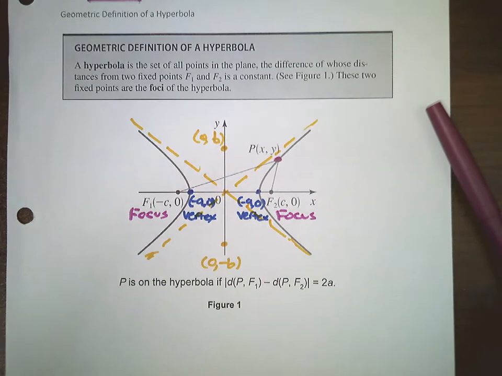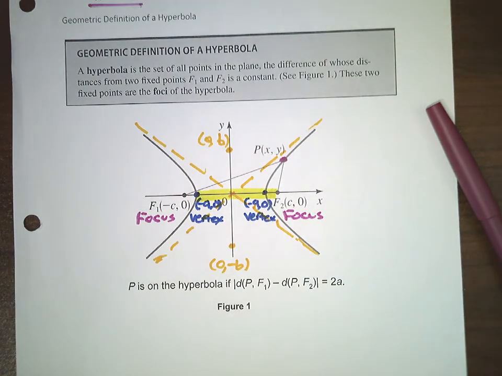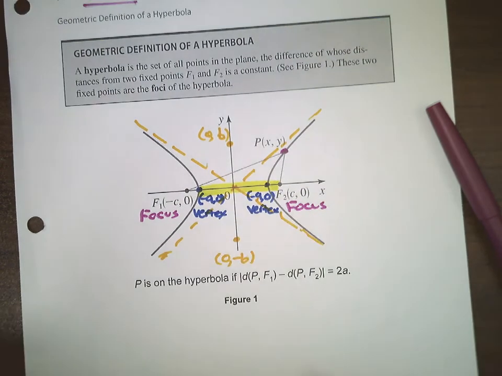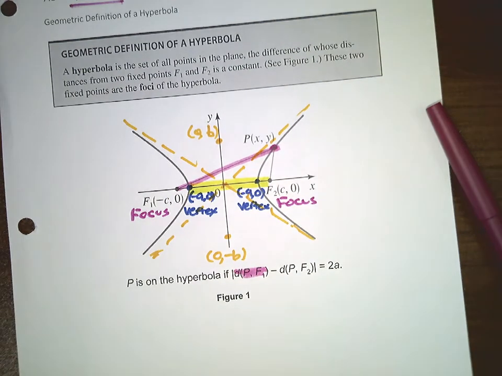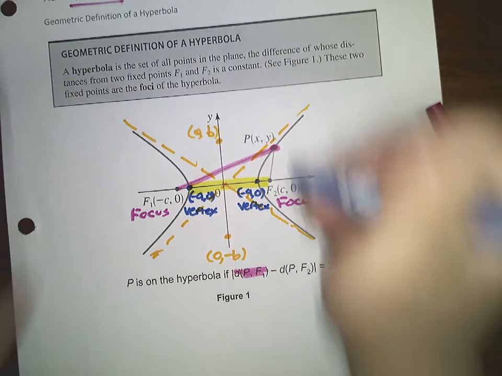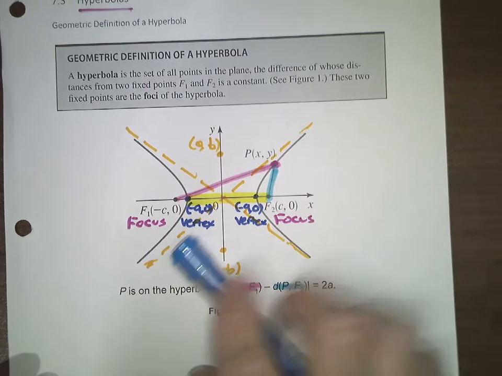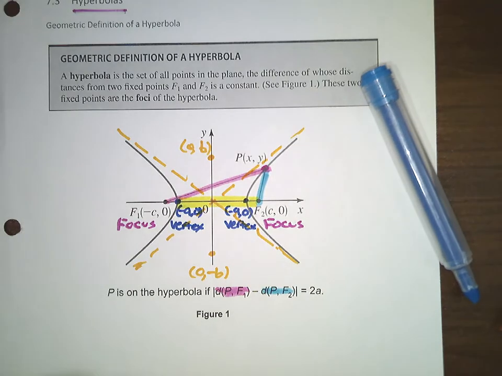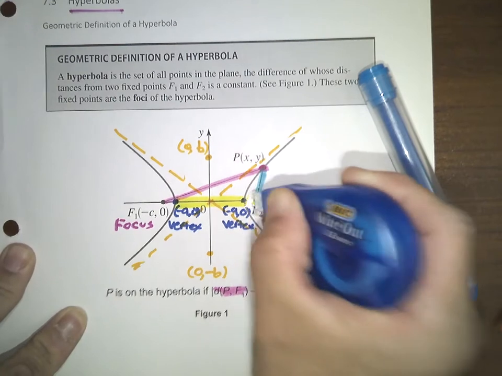So what they're actually saying is that this distance right here is 2a, but the difference between this one right here and this one will be equal to that yellow part. I knew there was some sort of problem here, because this yellow highlighting went too far, but there you go.